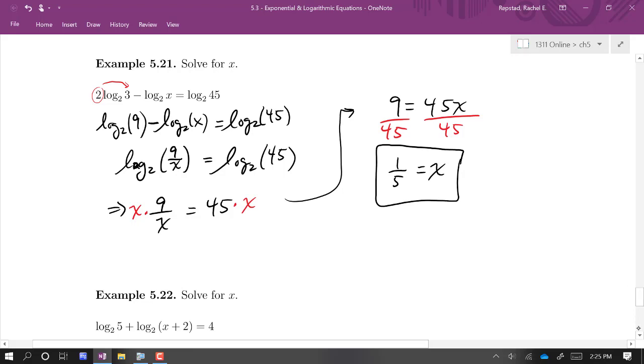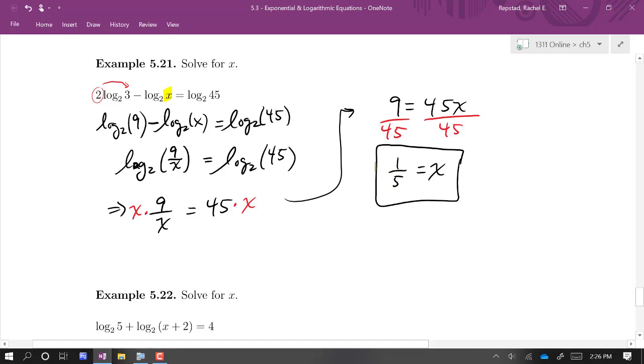One thing we have to be careful of with logs is that you can't put in 0 or a negative inside the log. So whenever you're solving a logarithmic equation where your unknown is inside a log in the original equation, we just do a quick check at the end to make sure that the value we found is not 0 or negative. It has to be a positive number.